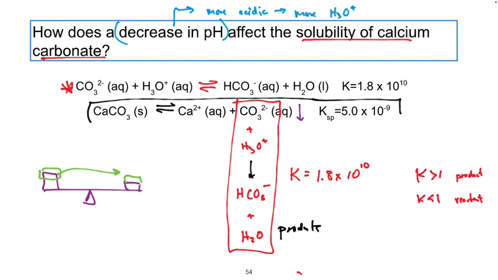Did we increase dissolving things or decrease dissolving things? We increased, which means the molar solubility goes up. By adding acid into the solution, we increase the probability of converting that solid calcium carbonate into a solution. It dissolves. That's what this system is trying to tell us.